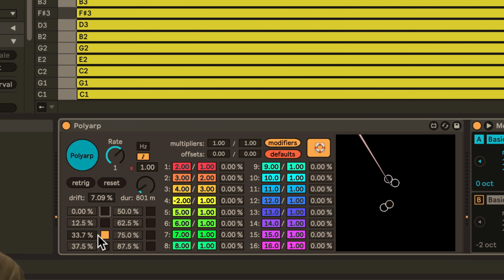Because the notes moving forward are going to cross this trigger at 1/3 of the way through their cycle, but a note moving backwards is going to cross it at -1/3, which is +2/3. So even though this fourth note is repeating at the same rate as the first note, it's happening at a different point within its cycle.